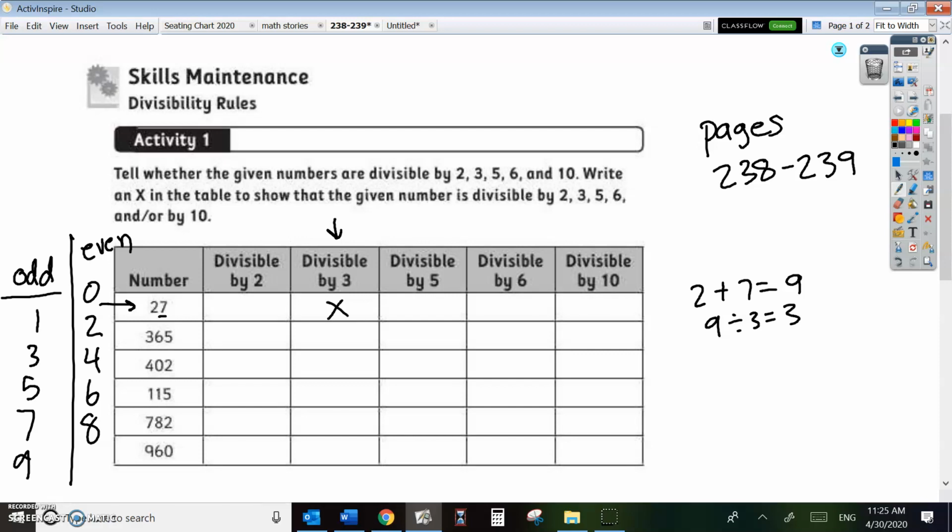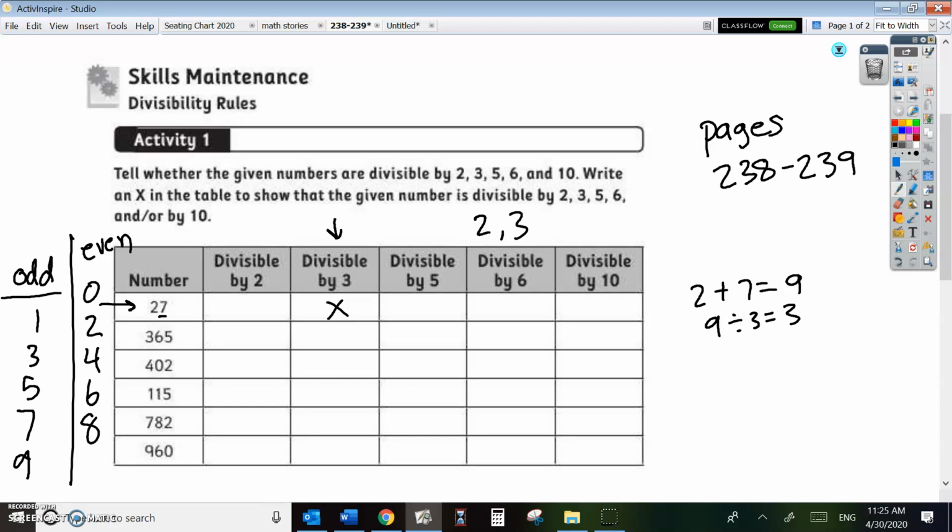So no, it's not divisible by 5. Is it divisible by 6? If it's divisible by 6, then it's divisible both by 2 and by 3. But 27 is an odd number, so it's not divisible by 2, so it's not divisible by 6. Is it divisible by 10? It doesn't have a 0 for the last number, so no. That one's only divisible by 3.